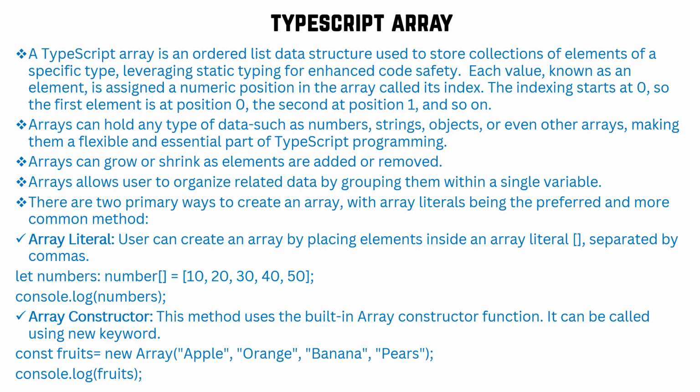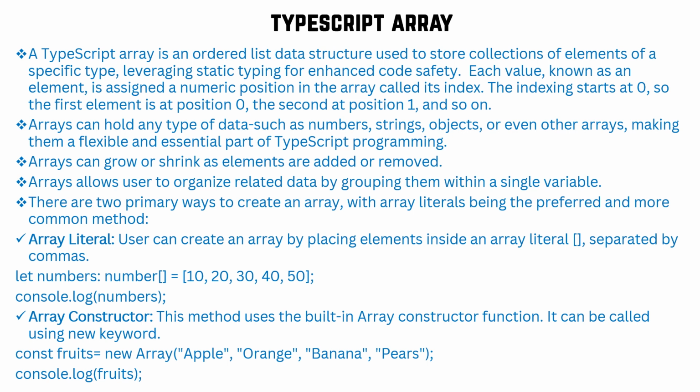If you define 4 elements, indexing goes from 0 to 3. The first element is at the 0th index, the second at the first index, the third at the second index, and the fourth at the third index. So in case the size of the array is n, the index goes from 0 to n minus 1.